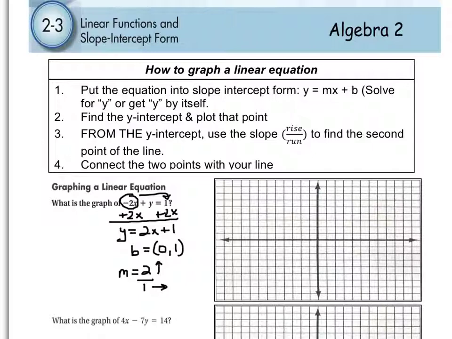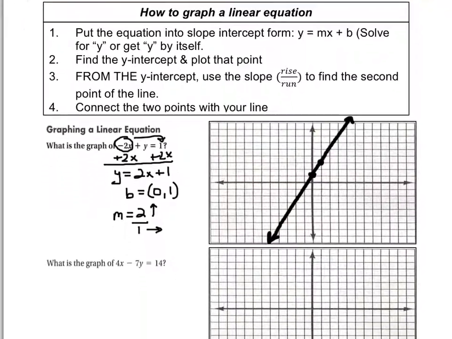From the y-intercept, which is right there at 0, 1, we are going to go up 2, 1, 2, and right 1. So that's where my new point's going to be. As I draw this here, it's going to be right there. And then I draw the line between the 2 points. And I've just created my first line.